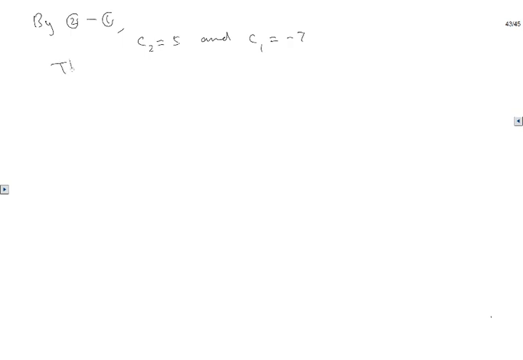So the solution is y equals 5e^(4x) minus 7e^(2x). That's the solution to the initial value problem. Very simple.